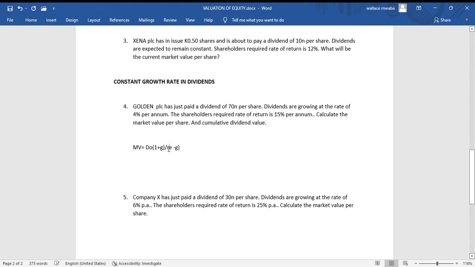Sometimes this Re is denoted as Ke, or the same. We're just talking about the cost of equity.